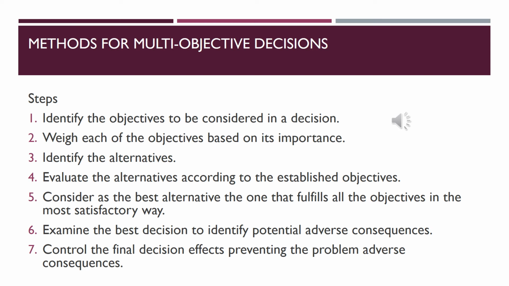Consider as the best alternative the one that fulfills all the objectives in the most satisfactory way. Examine the best decision to identify the potential adverse consequences. Control the final decision effects, preventing the problem's adverse consequences.